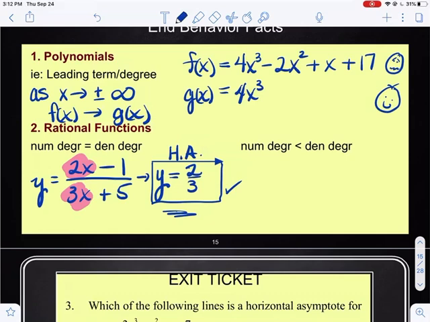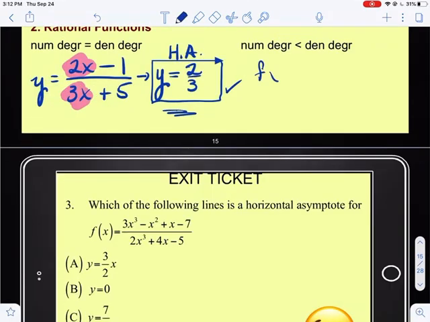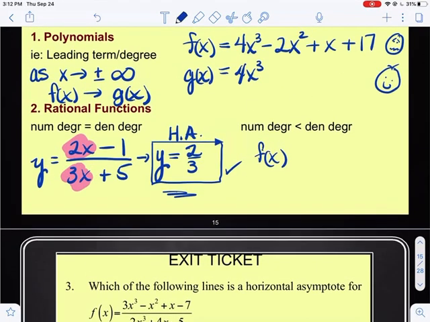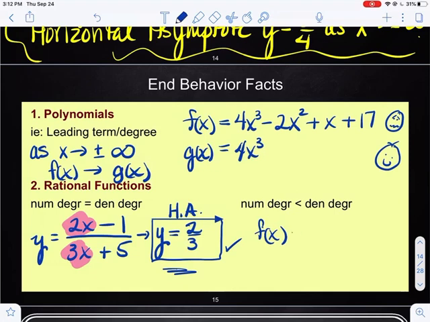However, if the numerator degree is less than the denominator degree, so if I get a function such as this, if I say f of x is equal to say 8 over x minus 1, something like that. Well, then the numerator degree is 0.